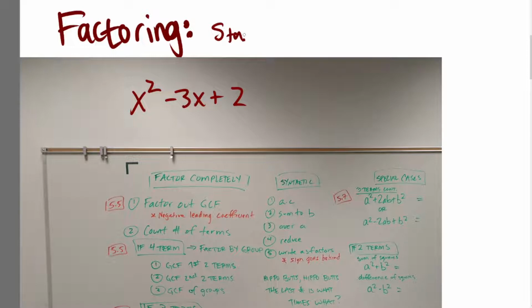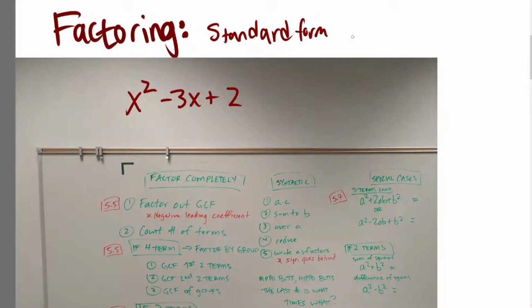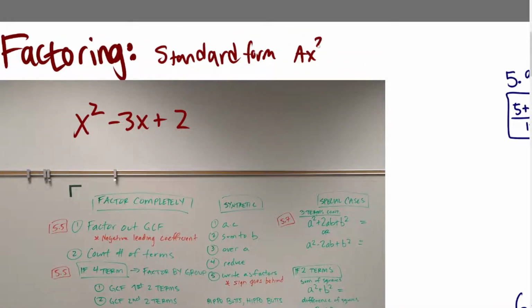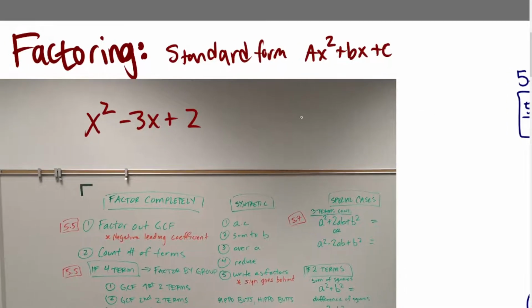Standard form of a 3-term polynomial is going to be ax squared plus bx plus c. So in this case, our a is going to be 1, our b is going to be -3, and our c is going to be 2 in this case.